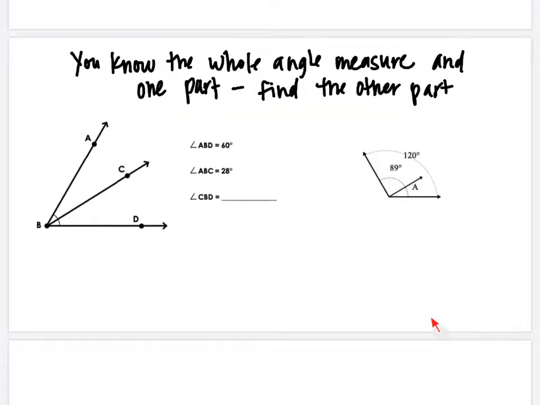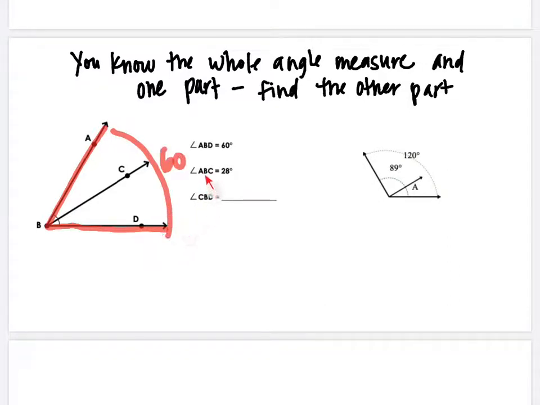Now these types of adjacent angle problems, you'll see, they are giving you the whole angle measure. So for example, this one says angle ABD is 60 degrees. Well, let's trace ABD so we can see it. So angle ABD, this whole angle is 60 degrees.